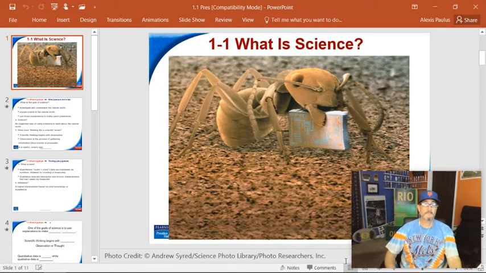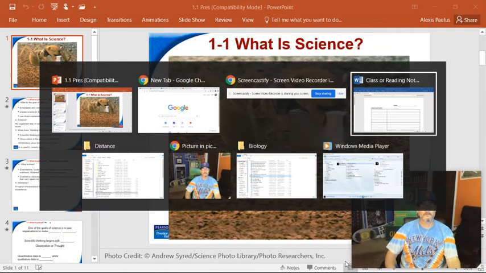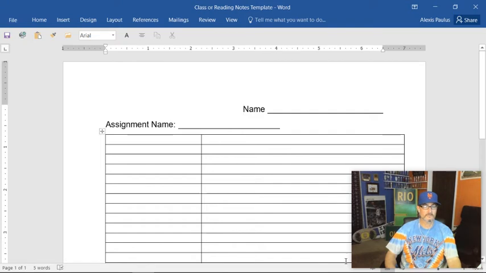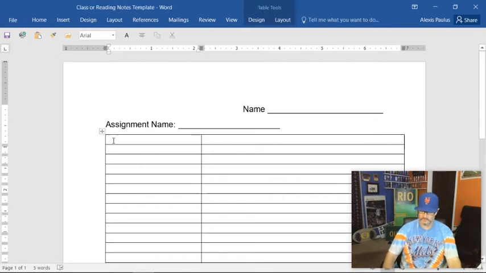If you plan on typing your class notes, that is totally okay. I also have a document out on Google Classroom called Class or Reading Notes Template. I simply need you to download this or copy and paste it into a Google Doc, and you would simply type in your name here, and then the assignment name would be 1-1 Class Notes or 1-1 CLS NTS, and of course you would simply start with a number 1.